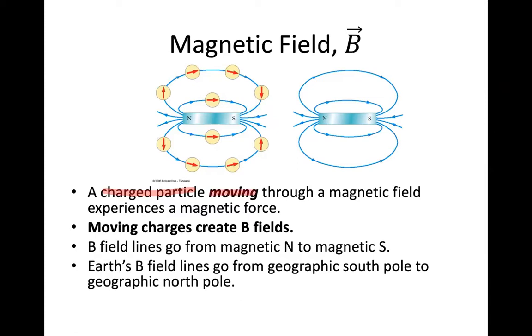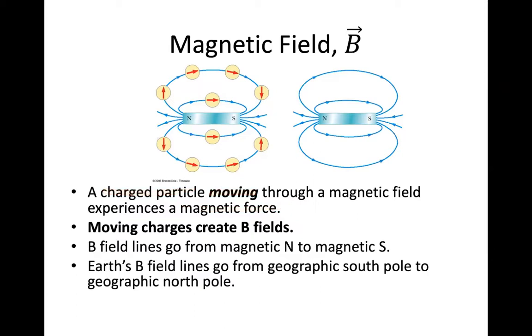For electricity, we just needed a charged particle interacting with the field. Now we need a charged particle moving, and it has to move in a particular way. We're going to start talking about cross products.